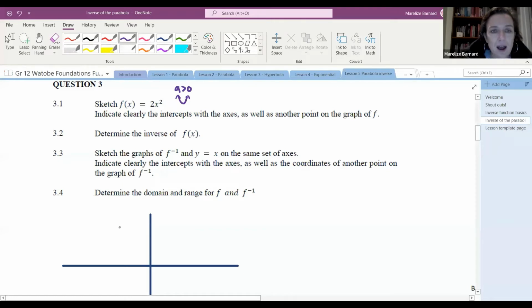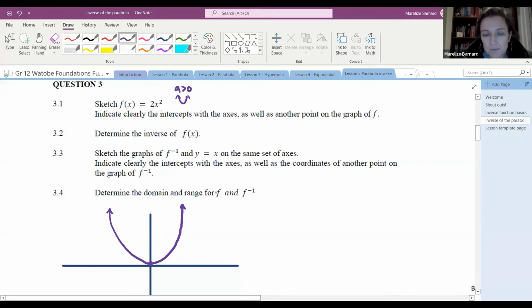And our x-intercept, if you make y equal to 0, you probably found that your x-intercept was 0 and your y-intercept was 0 as well. So it's just a happy face parabola, symmetrical around the y-axis. So your turning point is here at the origin.